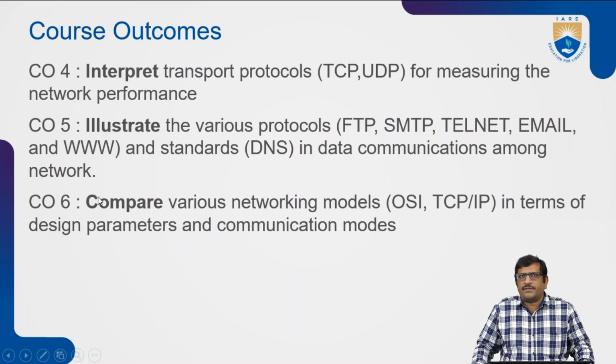Course outcome 6: the student should be able to compare the various networking models, that is OSI and TCP/IP, in terms of design parameters and communication model. These are all the course outcomes of the computer network subject. At the end of the course, the student will be able to learn these course outcomes.